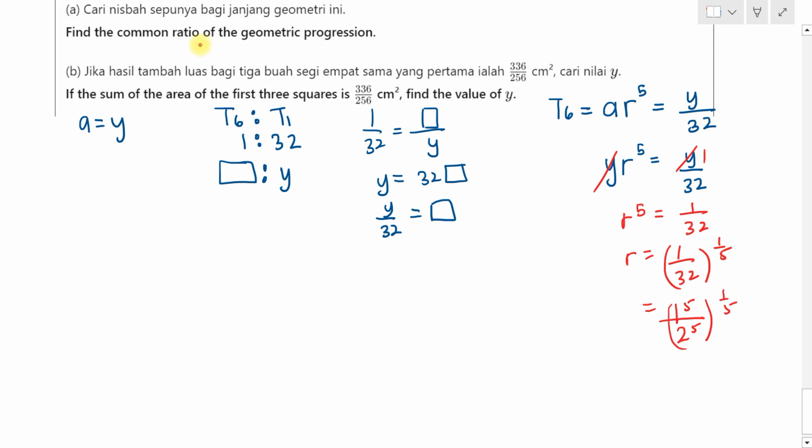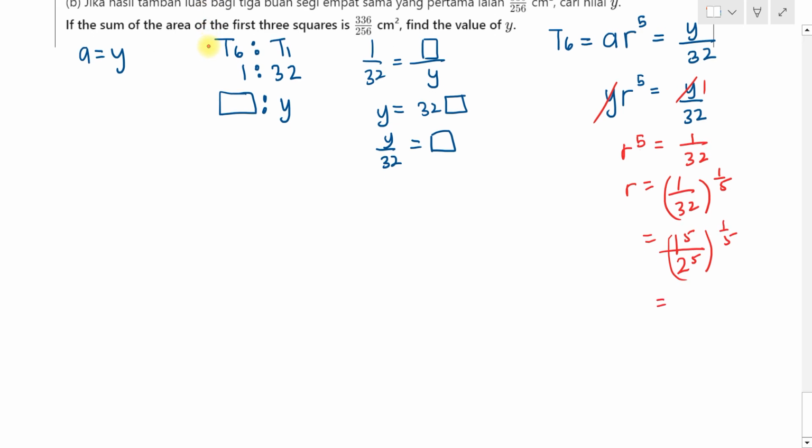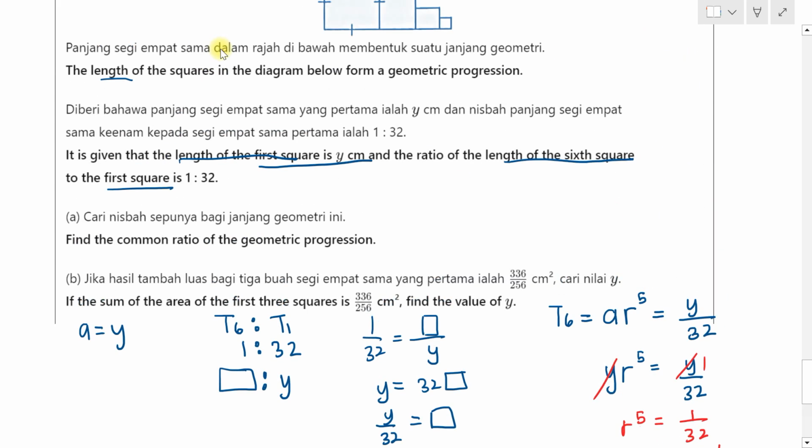I show you how I cancel: I can write 1 over 2 power 5, and then put 1 over 5 as the power, so the 5s cancel. So your r is equal to 1 over 2. That's how you solve that.